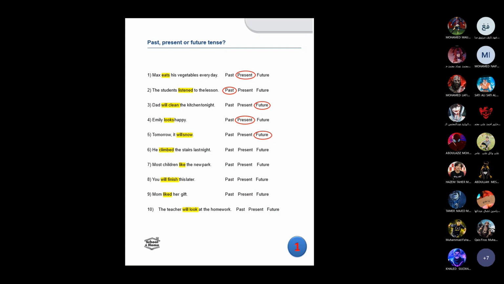Last night. Excellent, Karim. So in sentence number 6, guys, we have 2 ways to know the past form. Number 1, the verb is regular and ends in ed. Number 2, we have an expression of time, last night. Okay, excellent.